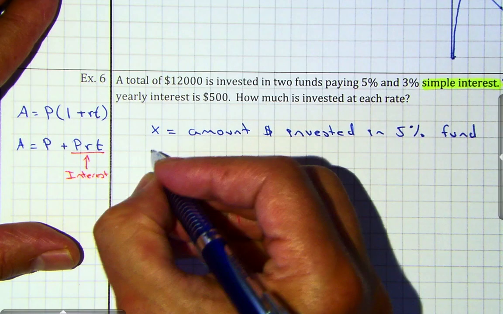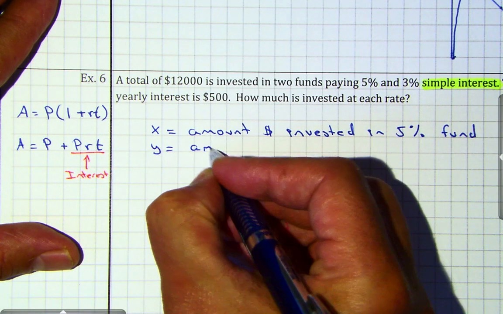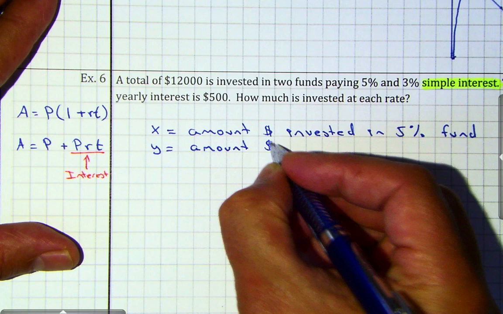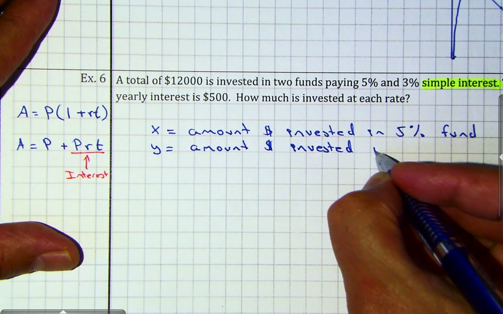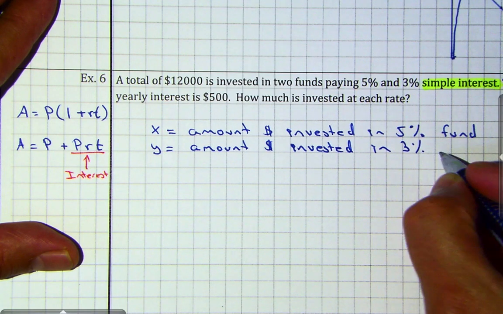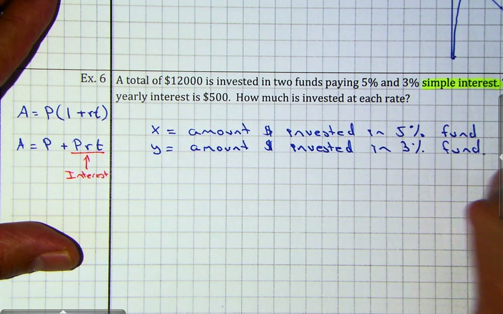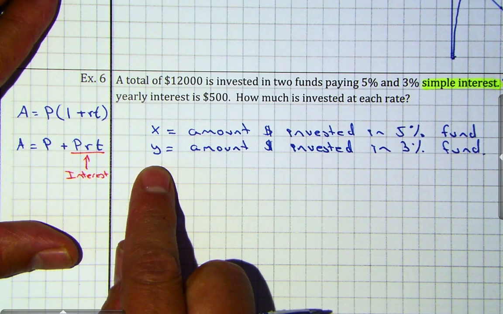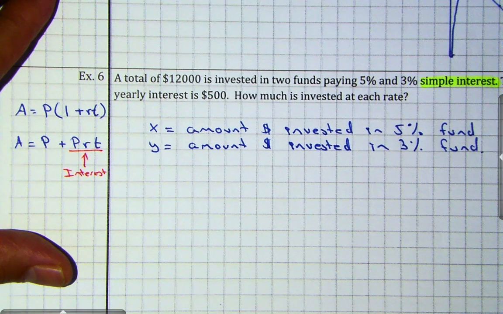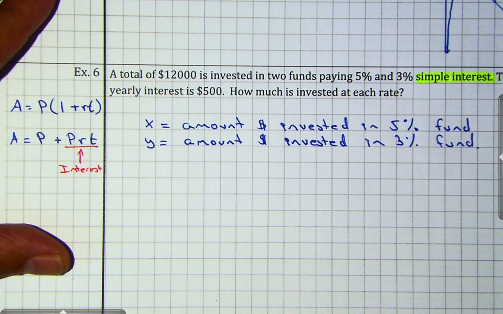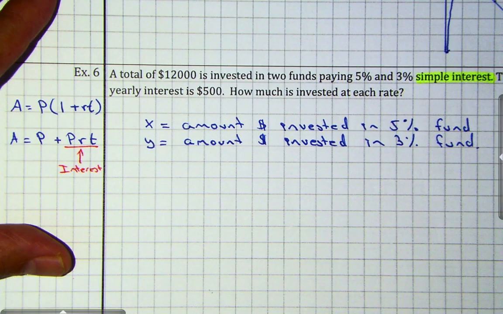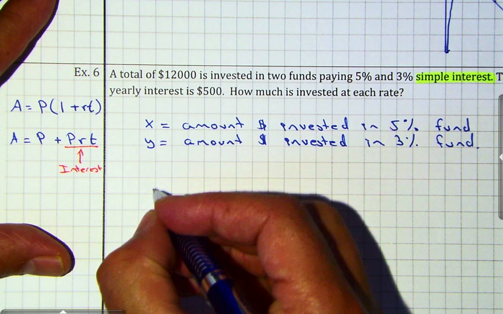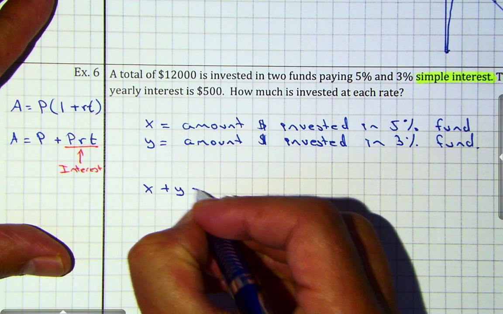Now y will be the amount of money invested in the 3% fund. I do need to see your variables declared. That is essential. Now let's set up our equations. We know that the total amount is 12,000. So what will be my first equation? Correct. That'll be x plus y equal to 12,000.